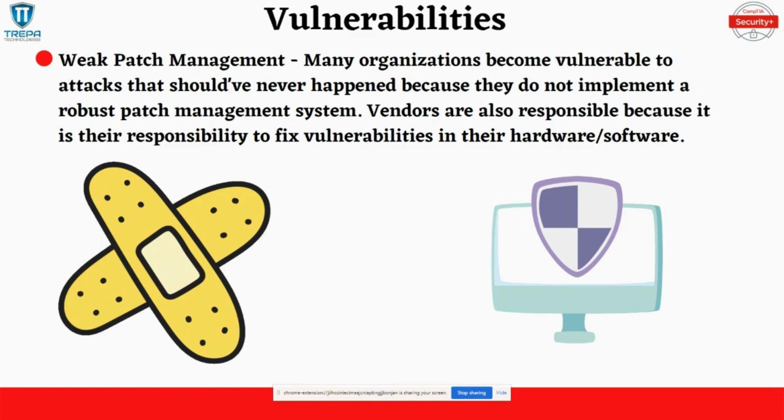A weak patch management system could leave our enterprise exposed and vulnerable to threat actors. So this is one of the first lines of defense to actually protecting your network. Having some sort of patch management system, whether that's built into Microsoft Windows Update or you deploying a third party, you need to have something in place that's going to scan and patch our systems.